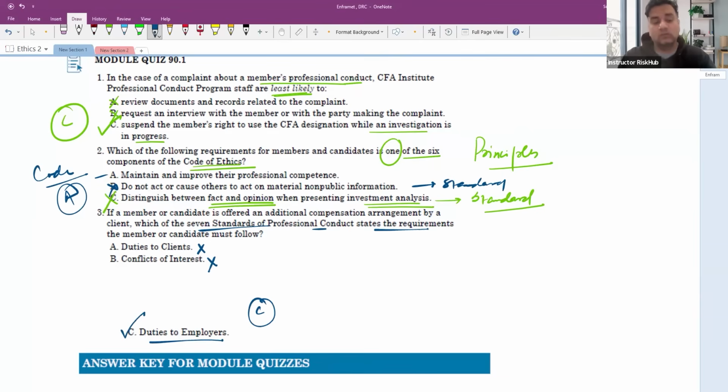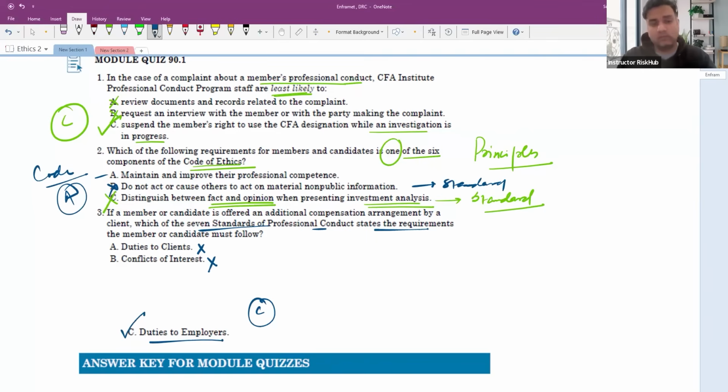Okay. So please understand you have to know the difference between code versus standard. Try to remember at least the headings, right? Force memorization of the seven standards, at least the headings, the codes, right? Thereafter, when you go deeper, understand logics.